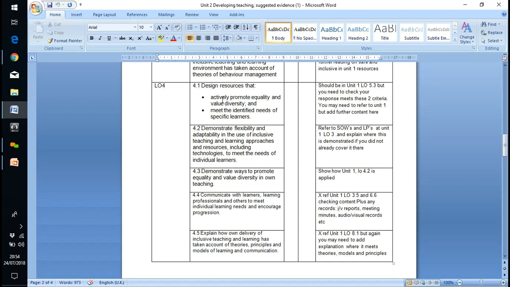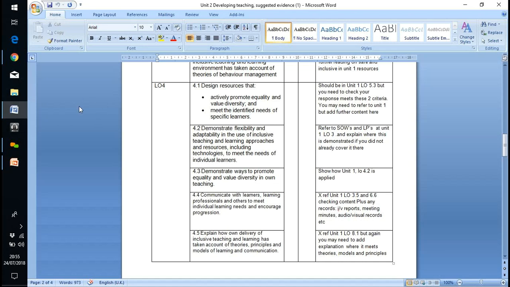4.1, design resources that actively promote equality and value diversity and meet the individual needs of specific learners. Well, all your learners are specific. So it should be in Unit 1 at 5.3, but you need to check your response to meet these two criteria. You may have to refer to Unit 1 to add further content here if necessary. It depends.